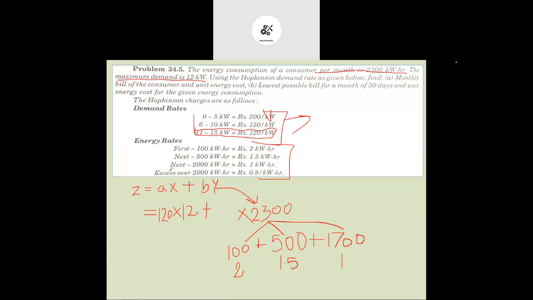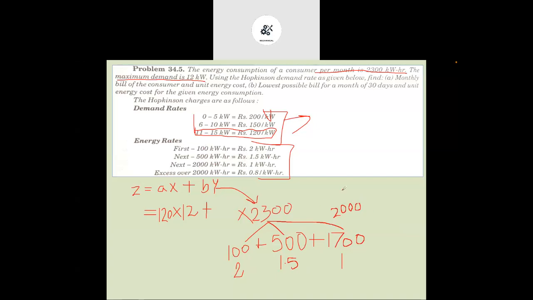So you cannot directly use this 2300 and multiply by one particular rate. You have to divide this 2300 into the given energy rate ranges. For the first 100 units, the rate will be 2 rupees. For the next 500 units, the rate will be 1.5 rupees. For the next 2000 units, the rate will be 1 rupee.